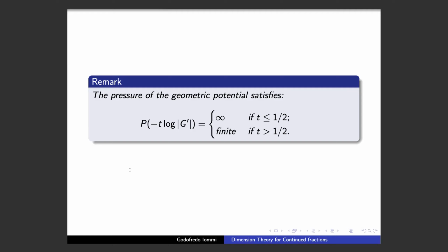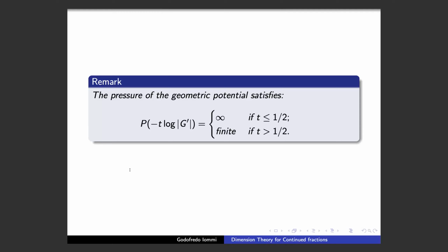So these two examples: the example that I presented at the beginning, in the case of the Hausdorff dimension function, we have two shapes, and the fact that we get one or the other shape was determined by the behavior of the potential at infinity.